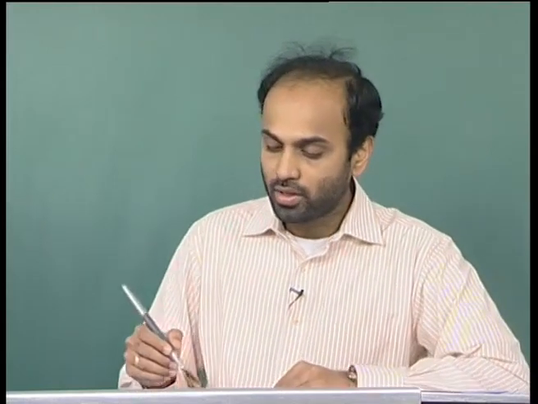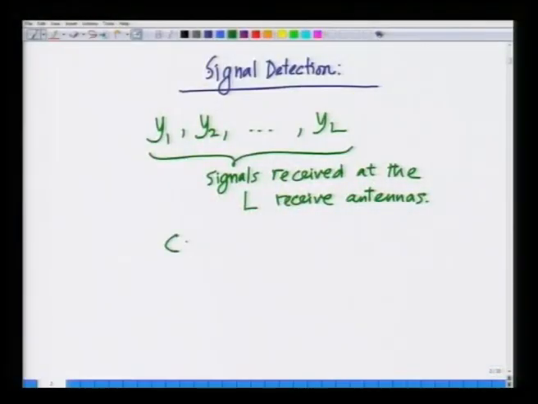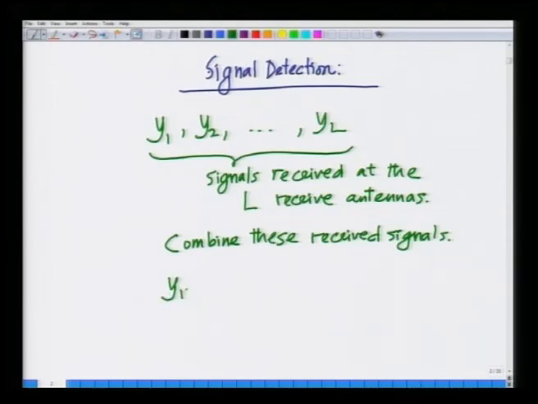So, what I will do is I will combine these received signals as follows. I will take y1, weigh it by w1 conjugate. I will take y2, weigh it by w2 conjugate, plus so on so forth.